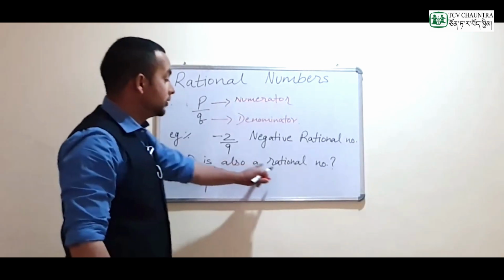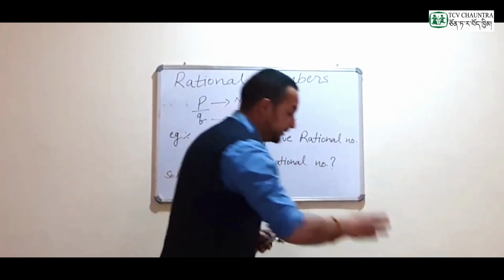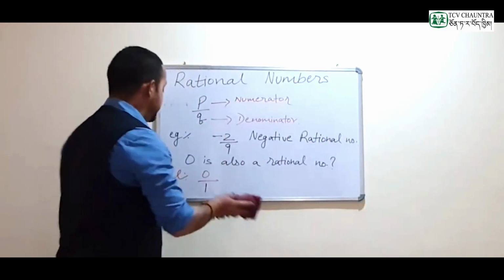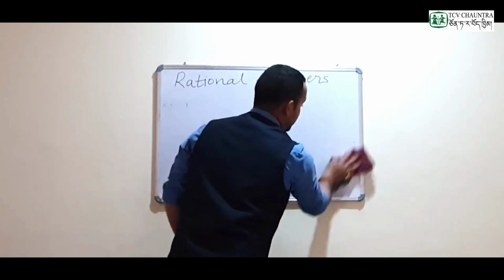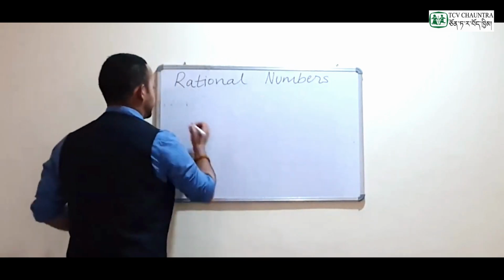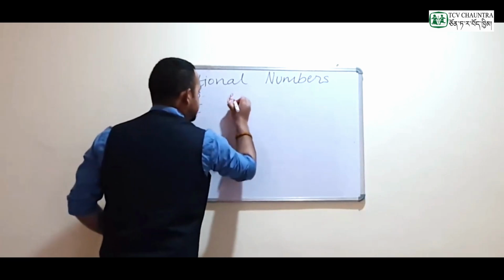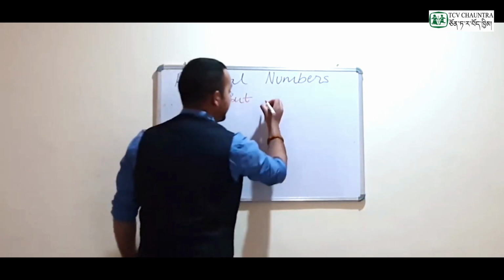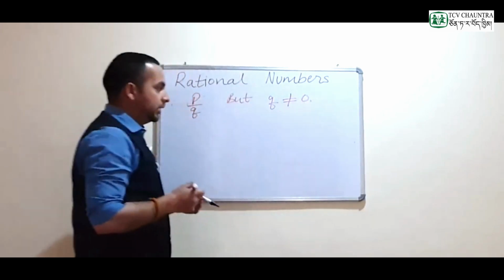So 0 is also a rational number. But one thing you should remember is that q should not be 0. According to the definition of a rational number, your q should not be 0.